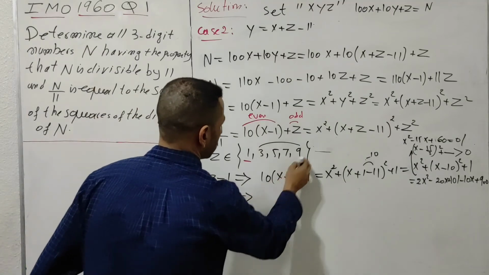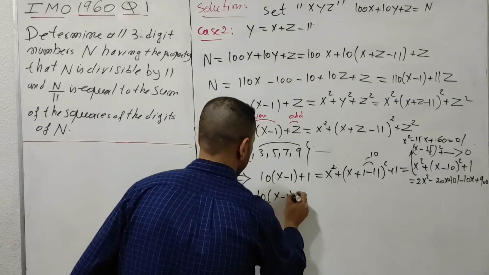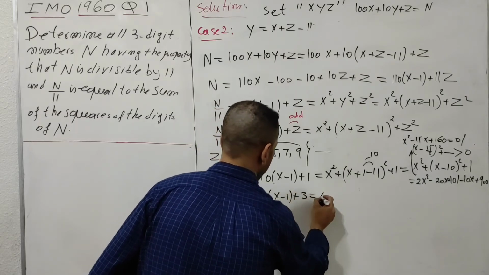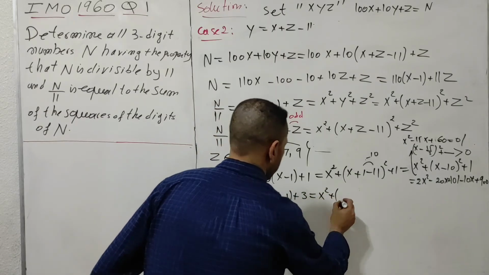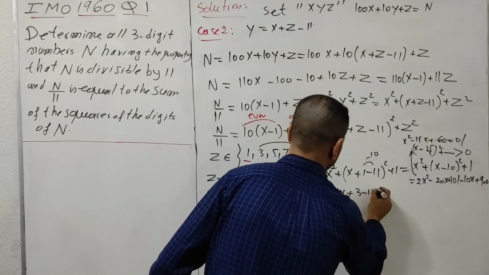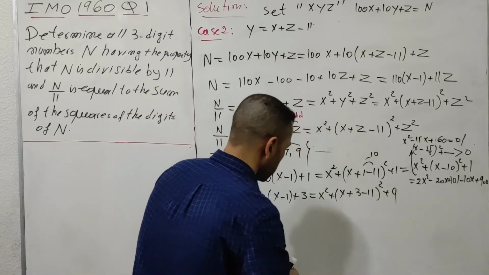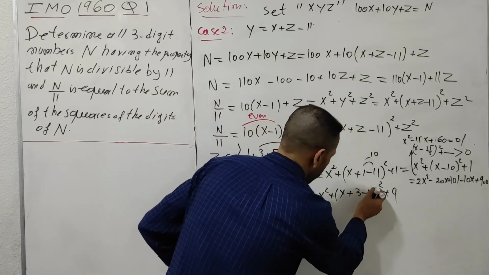By replacing z with its value, I will get 10x minus 1 plus 3 equal to x squared plus x plus 3 minus 11 quantity squared plus 9. 3 minus 11 is minus 8.